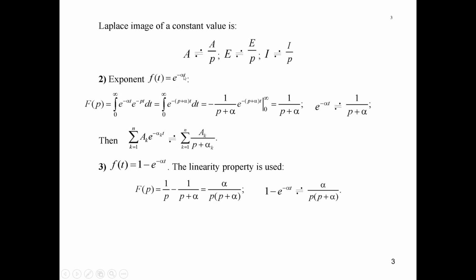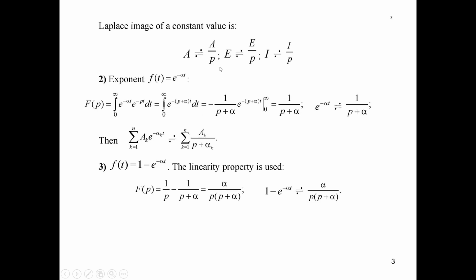So the function f from t is e to the degree minus alpha t, then it should be multiplied by the exponential function of minus pt and multiplied by dt. We can rewrite it as e to the degree minus t times a bracket, and in the bracket it will be alpha plus p, since we've got this minus before the bracket.